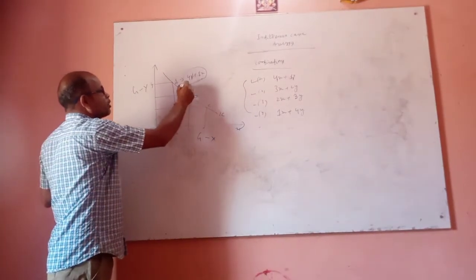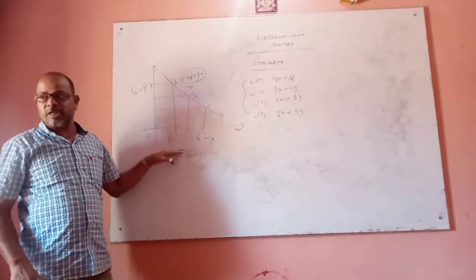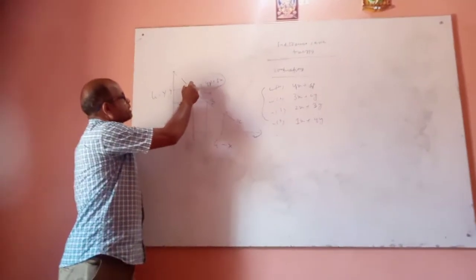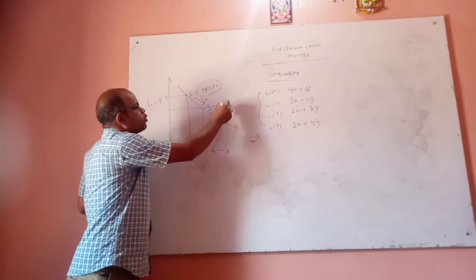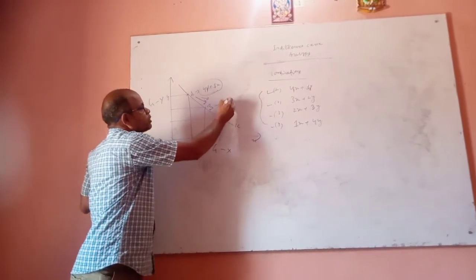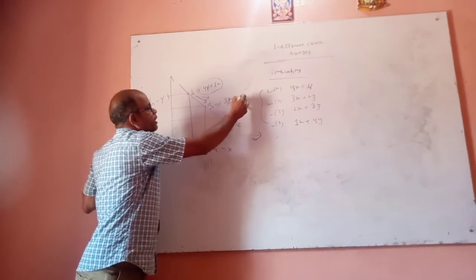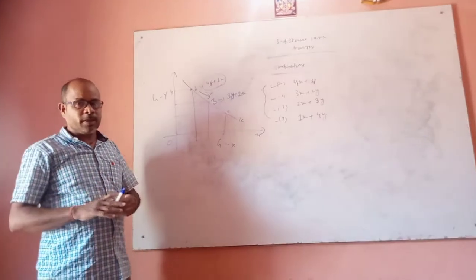So if the consumer wants to change the amount of one commodity over another, he will shift from point A to B, where he is ready to take 3 units of Y and 2 units of X, in which he will also get the same level of utility.